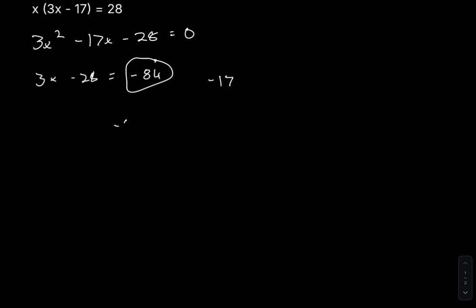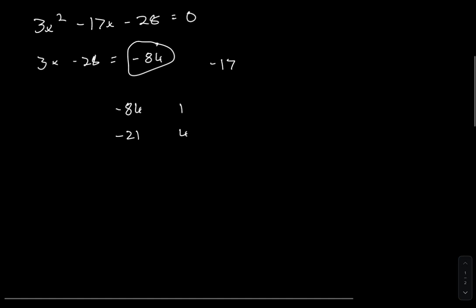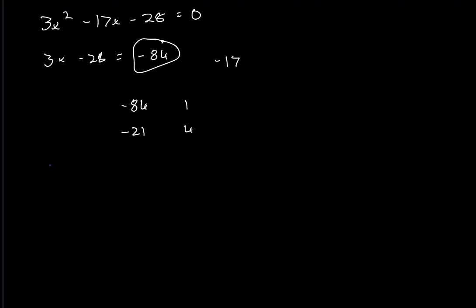You can do your negative 84s and then your 1 and so on, and you can work it out. For this one, it is negative 21 and 4. So we can do negative 21 times 4 to give us negative 84, and then negative 21 plus 4, which equals negative 17.